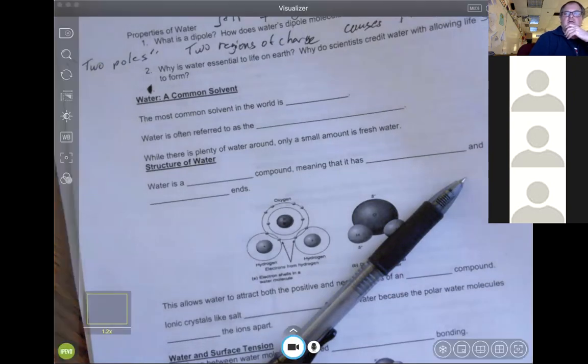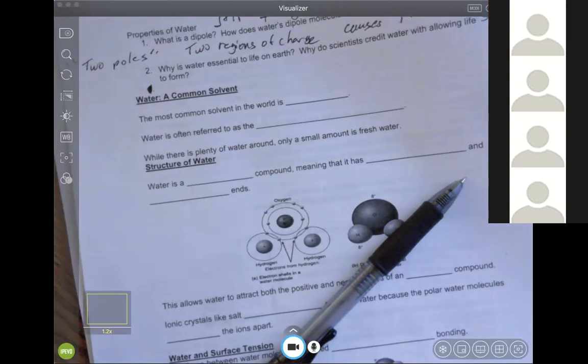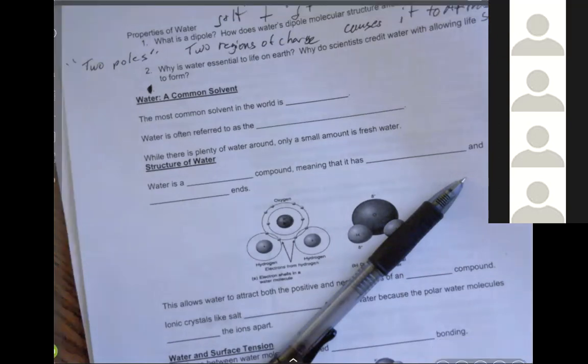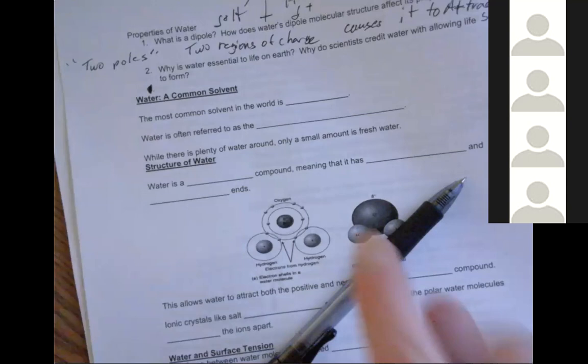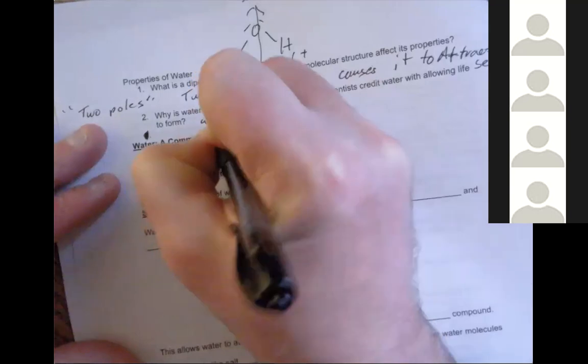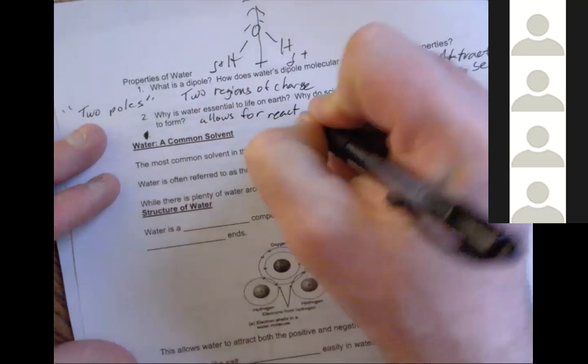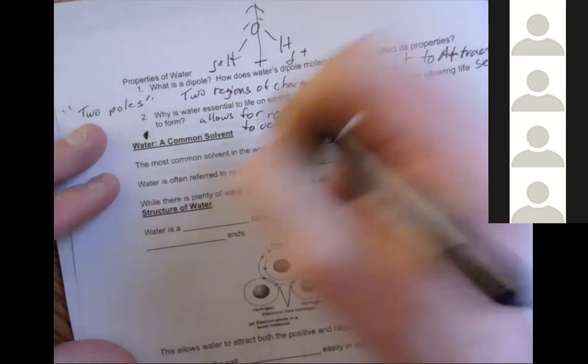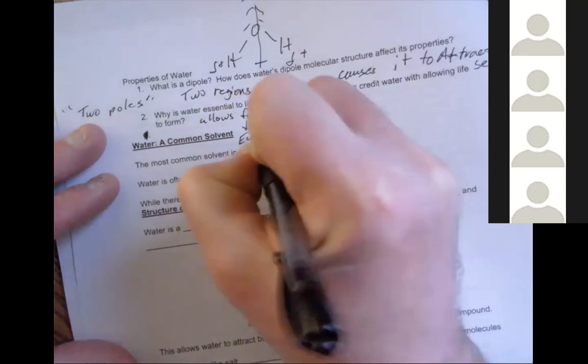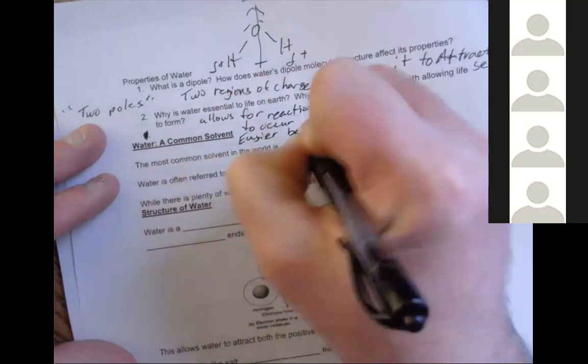Who's that? Leo? It's good. All of those are great answers. Water is essential for life because it allows for reactions to occur easier. Because the particles can move.